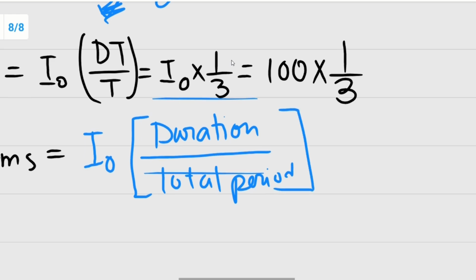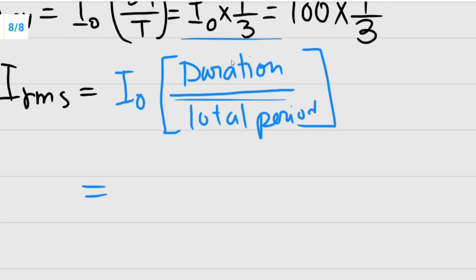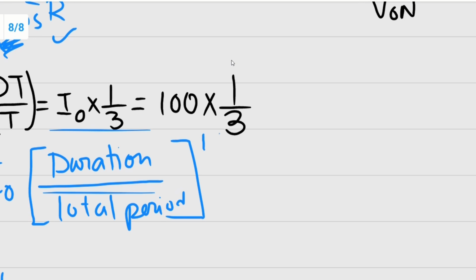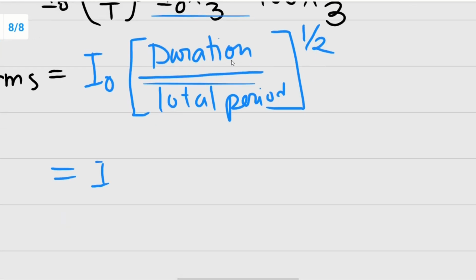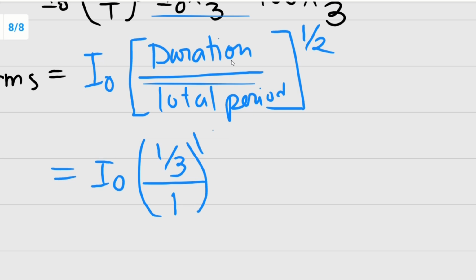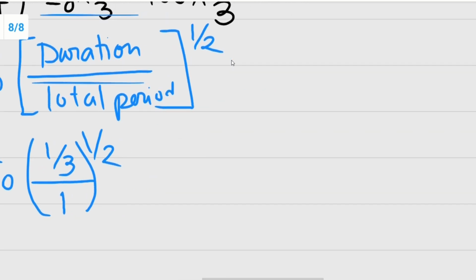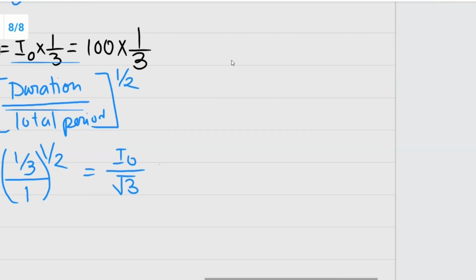In this equation, the duration is 1/3 and the total period is 1, all under the root. So the RMS current will simply become I naught by root 3, and with I naught as 100, it is 100 by root 3.